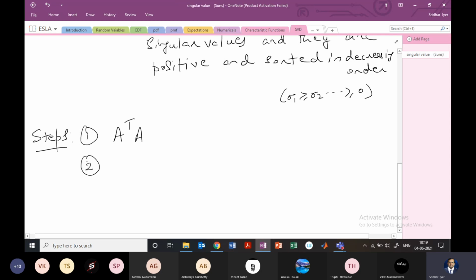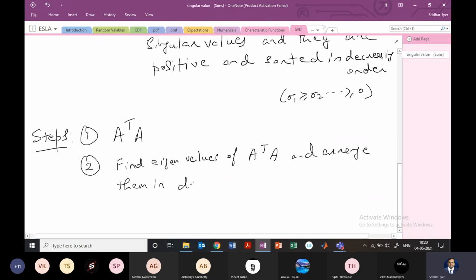A will be given to us. Then find eigenvalues of A transpose A and arrange them in descending order.